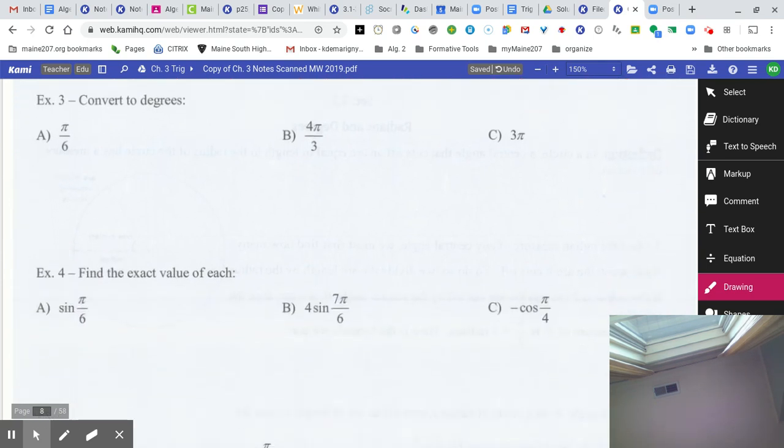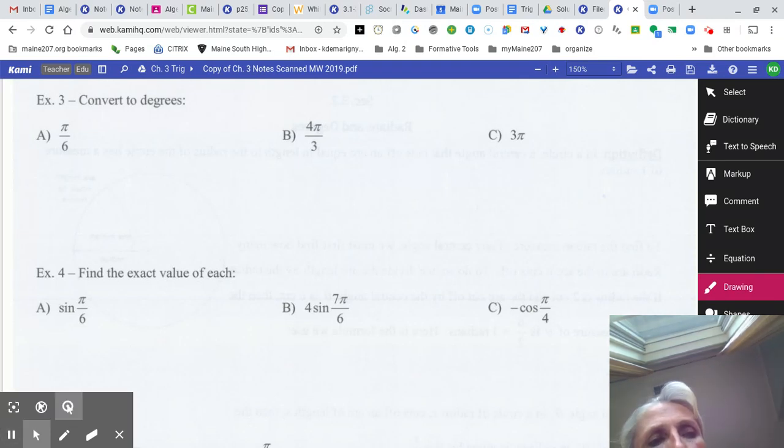Now, converting to degrees. So if I'm going to convert to degrees, I can think of my circle. All the way around the circle is 2 pi radians. 180 degrees is 1 pi radian. So if I've done pi over 6, that means I've gone 1/6 of 180 degrees.